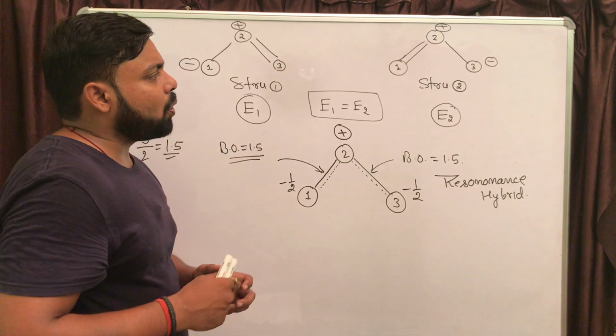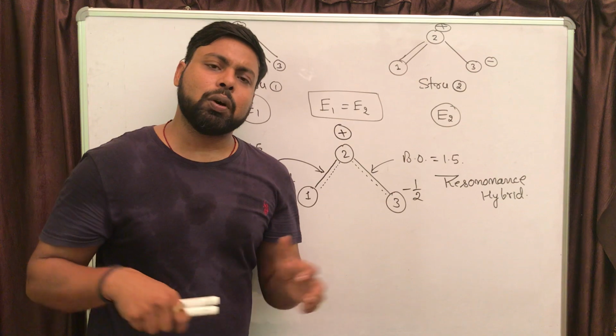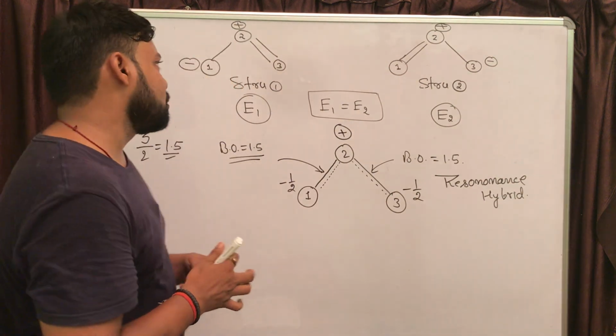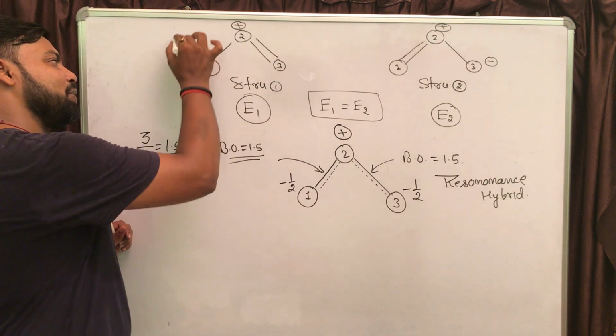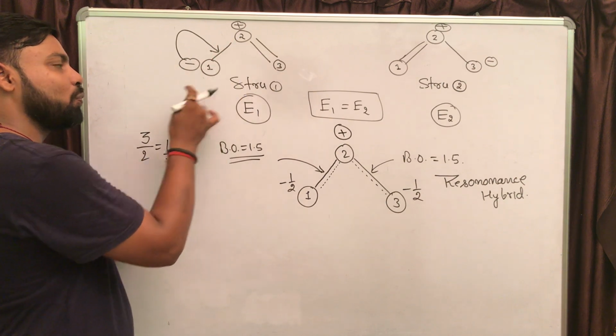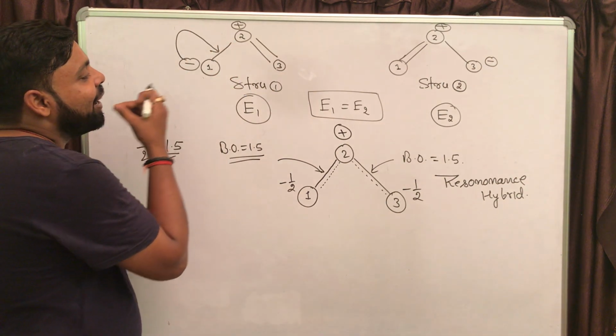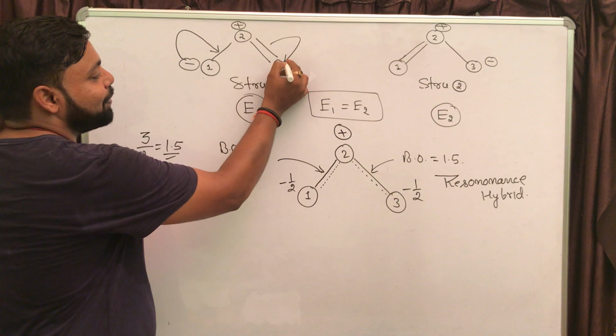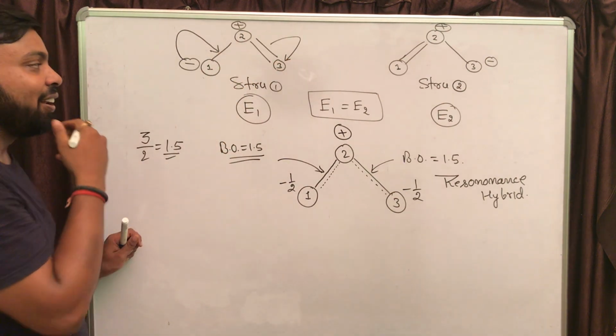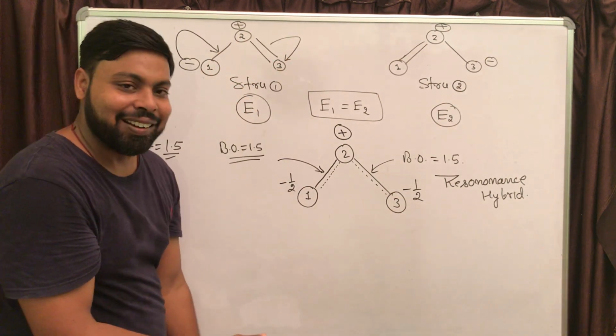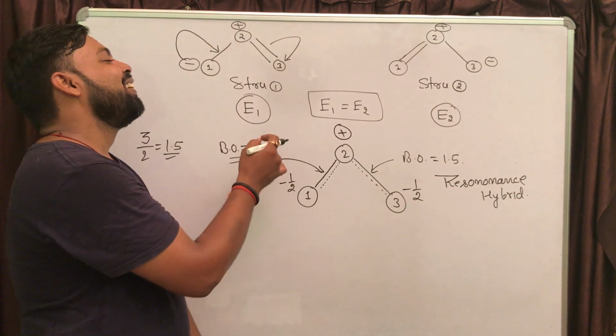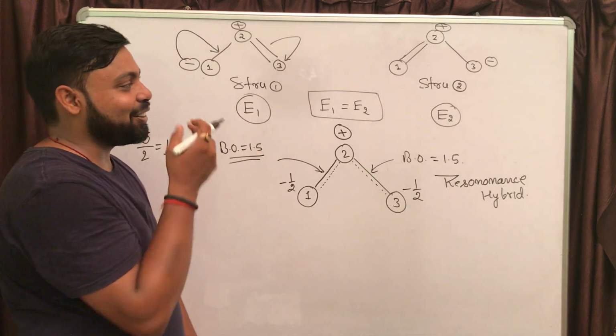And one thing I also want to say is that in many books or materials it is shown that this negative charge will be shown by an arrow forming a pi bond, and they are going to break the pi bond between oxygen 2 and 3. How is it happening actually? Just try to understand.